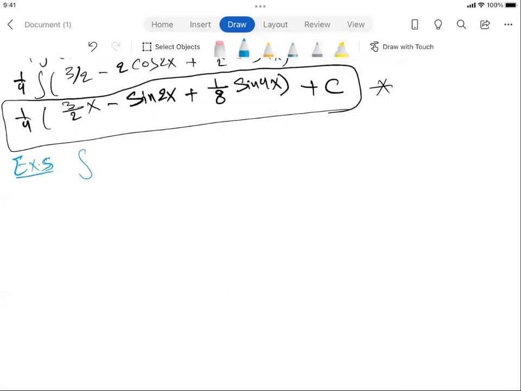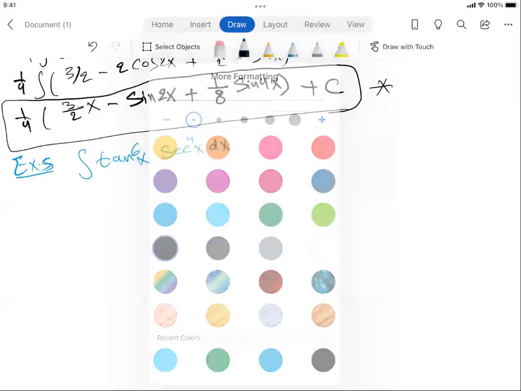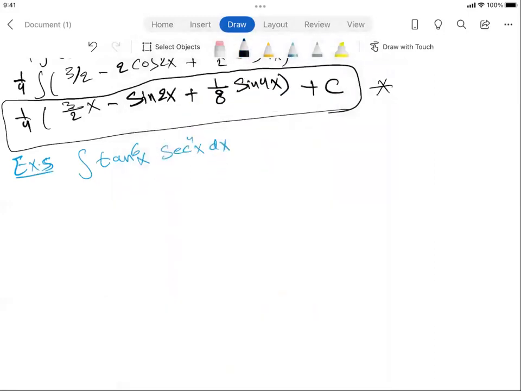So it's an integral of tangent to power 6 x secant to power 4 x dx. So the trig identity that we will be using here is that secant square of x is simply equal to tangent square of x plus 1.